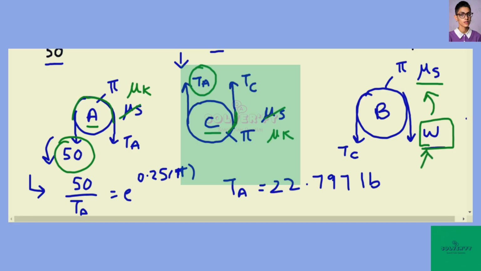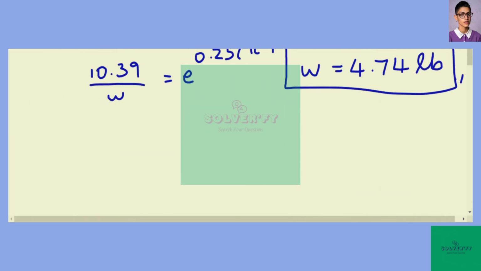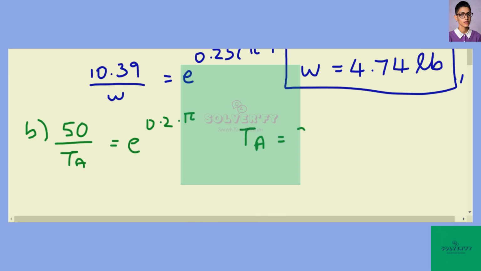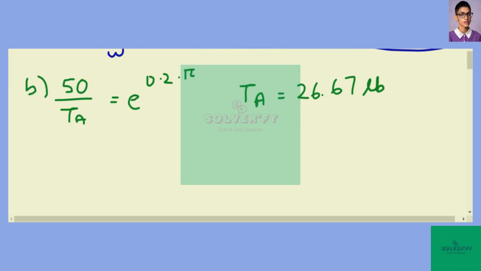So for part B, we have 50 being the larger weight over TA to be e to the kinetic coefficient of friction times the angle. So TA is 26.67 pounds. For pipe C, we have TA being the larger weight, since it's pulling the weight W, over TC to be e, again, kinetic coefficient of friction times the angle.